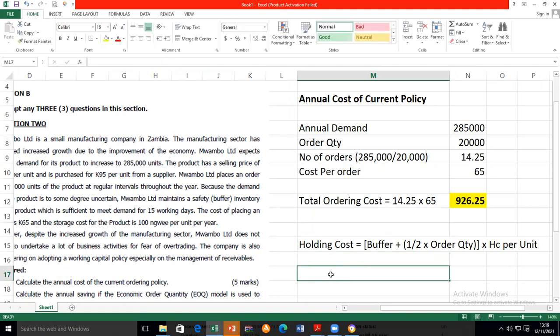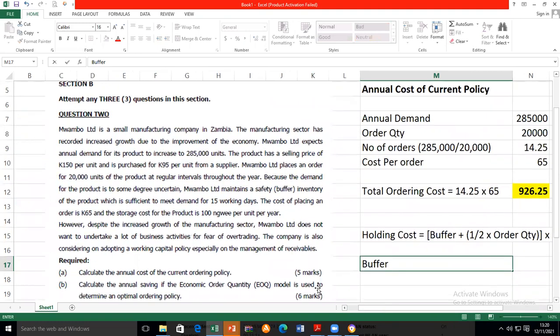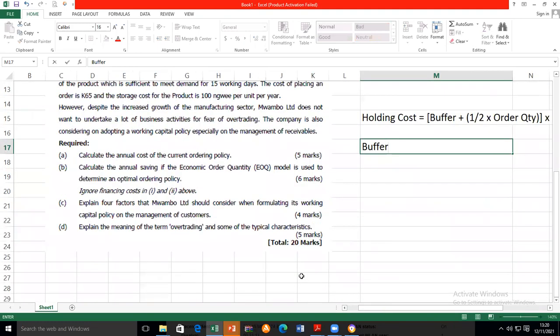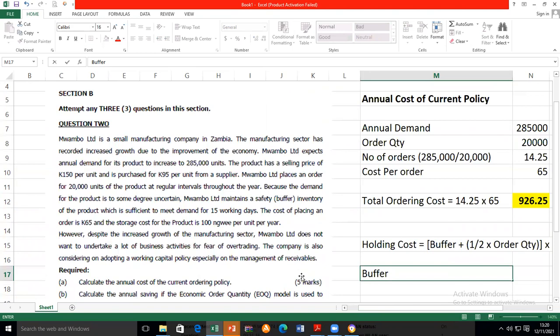Is that okay? Buffer equals how many days are we working with here? Are we told, are we guided on the number of days we're working with?